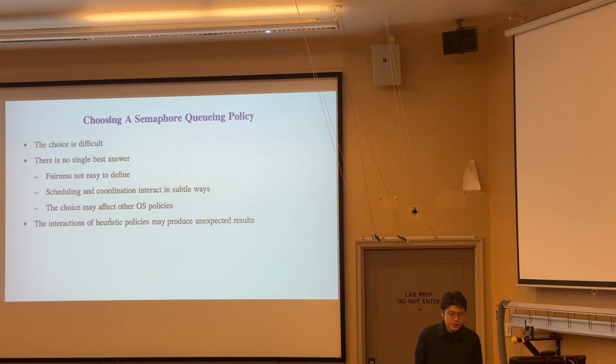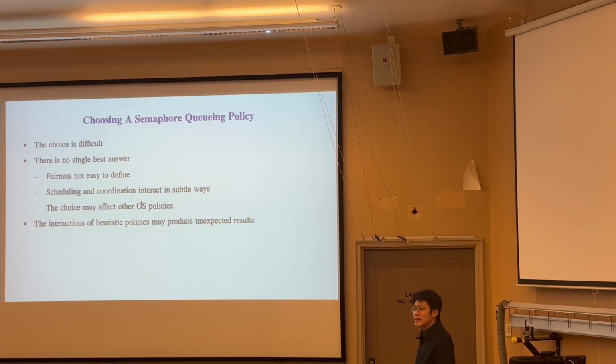Usually there's no single best answer. It's usually a trade-off. First, fairness is not very easy to define. Based on different metrics, you define different fairness. And scheduling and the coordination using semaphore interact in very subtle ways, so the choice may affect other OS policies.